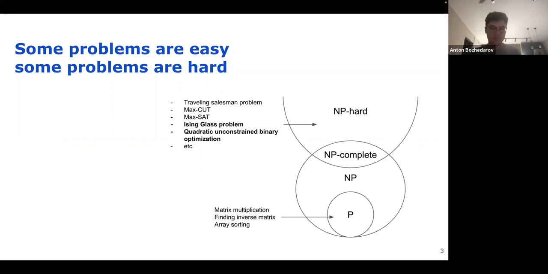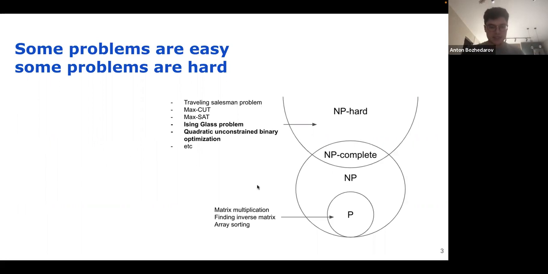Some of these NP hard problems are like the traveling salesman problem, where we should optimize the route on the graph, visit every node of the graph, and go over the graph with minimal cost of traversal between two nodes.